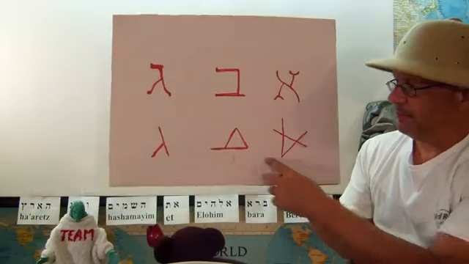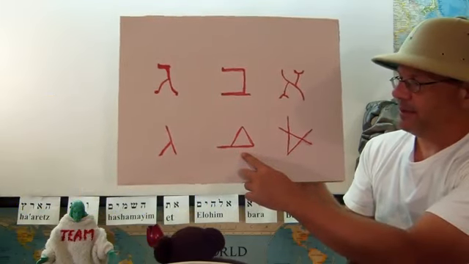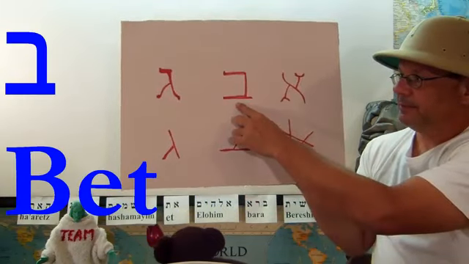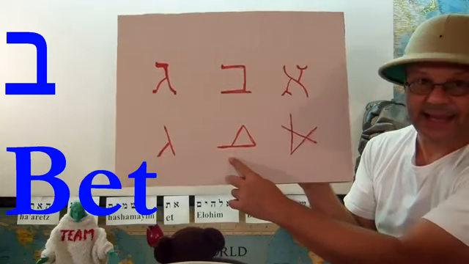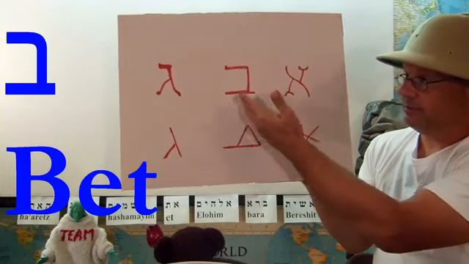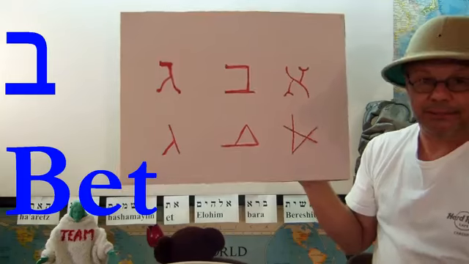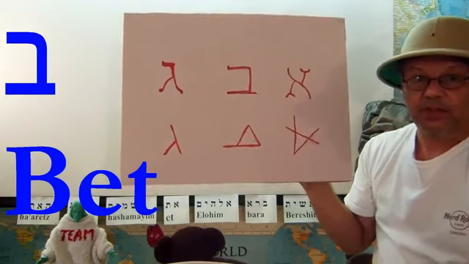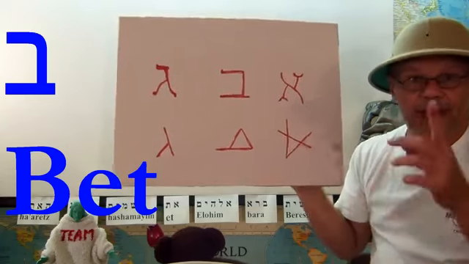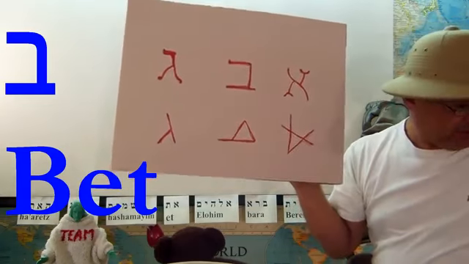Followed by the bet. And here's the ancient picture of a bet. A bet looks like a tent. And the word bet and the letter bet represents a house. You've probably heard of it. Here, do you know what this is?